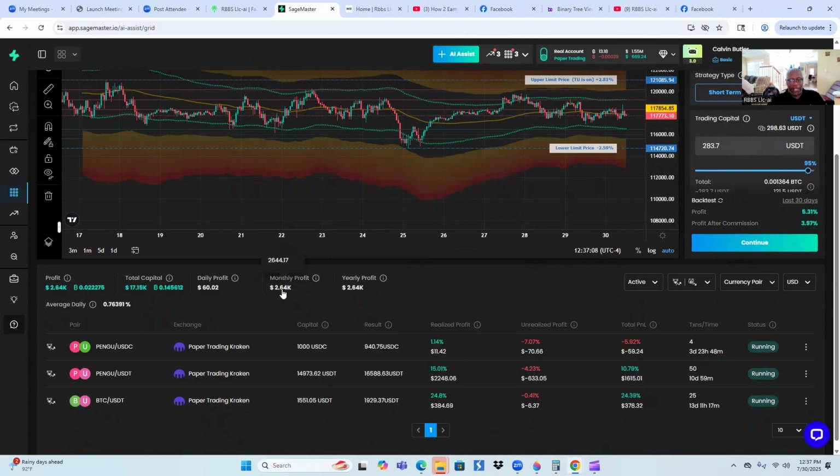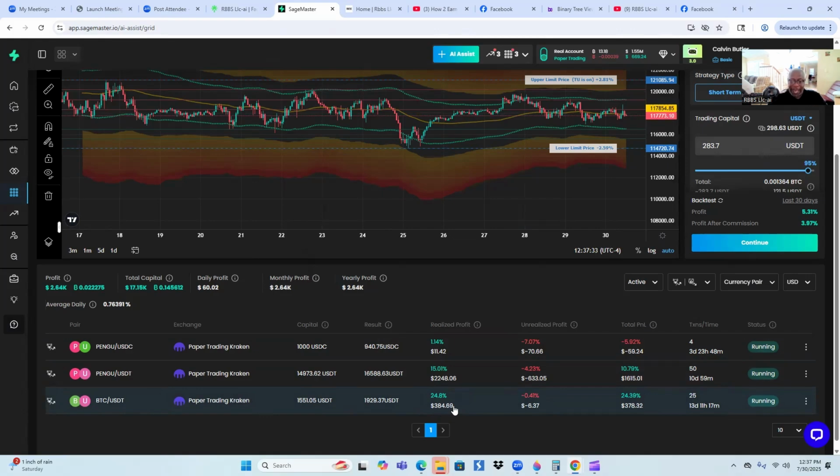Well, it says monthly, but that's all I've made, because I've only been doing this for 13 days. So in 13 days, my total profit has been $2,644.17. And that's $384.69 on one pair that I'm trading on crypto that I chose.